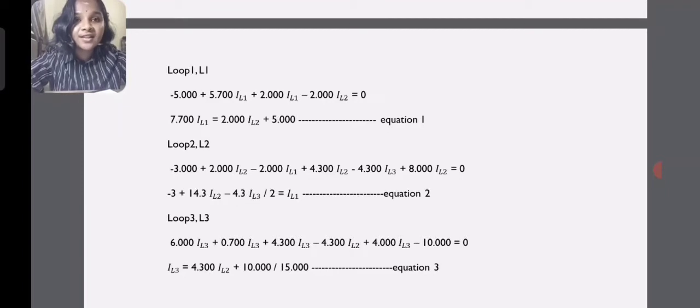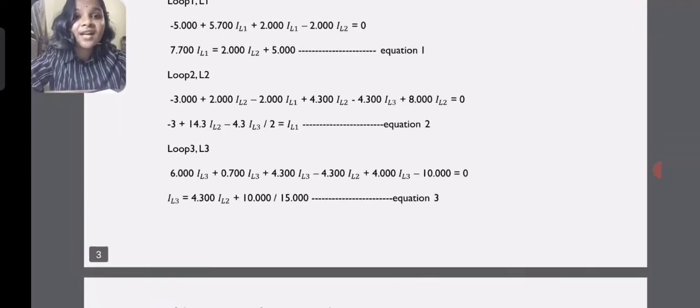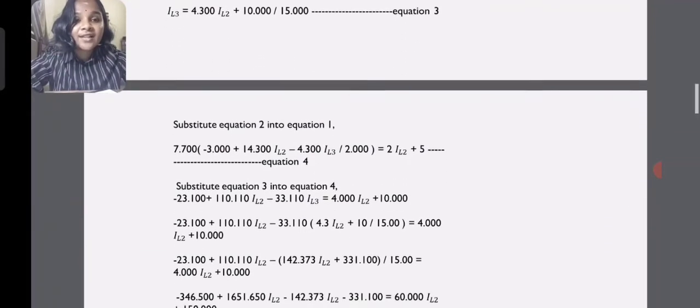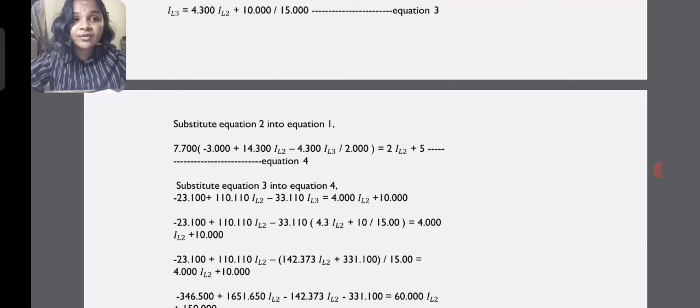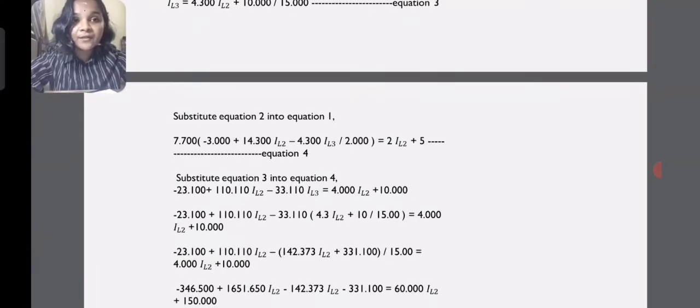So this is considered as equation 2. For loop 3, IL3 is equal to (4.3 times IL2 plus 10) divided by 15, equation 3.